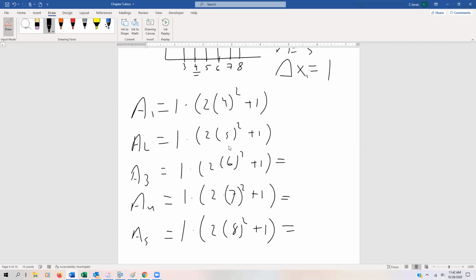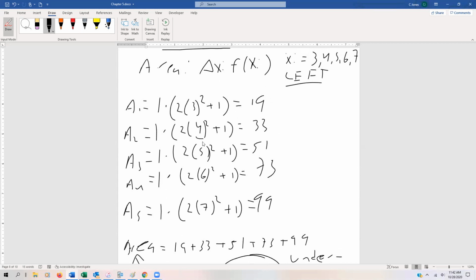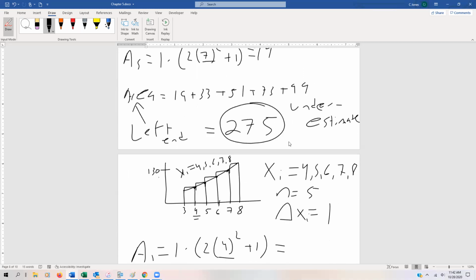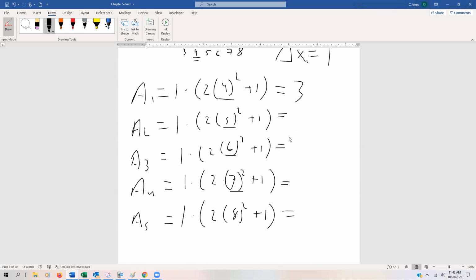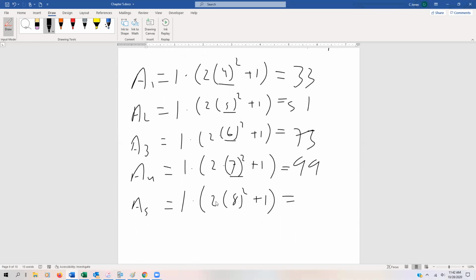Is there any good news? Yes, if you scroll up, we already computed 4, 5, 6, and 7 in the function. So we have 33, 51, 73, and 99. The only thing we have to do is compute 8.